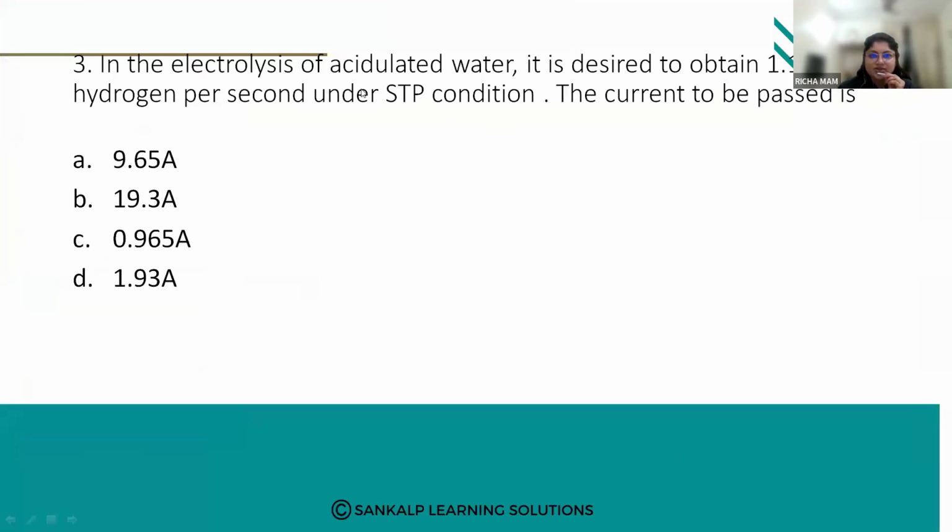In the electrolysis of acidulated water, it is desired to obtain 1.12 cc of hydrogen per second at STP. What is STP? Standard temperature and pressure condition. The current to be passed is A, 9.65 ampere, B, 19.3 ampere, C, 5 ampere, and D, 1.93 ampere.